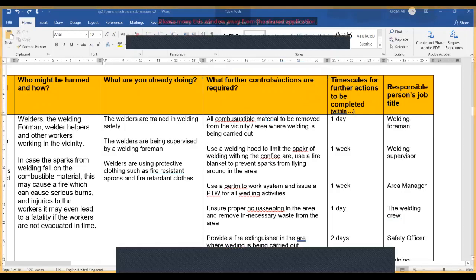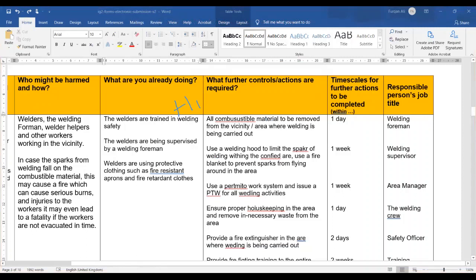Now when you are proposing these controls, you need to remember the hierarchy of controls. Guys, do you remember the hierarchy of controls? Who can tell me?